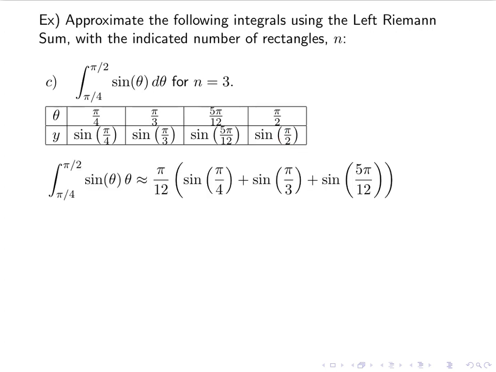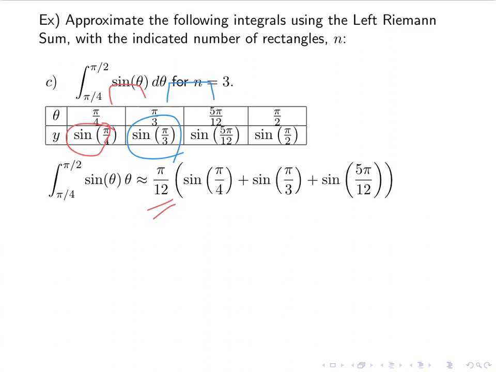And then we want, again, the left Riemann sum. So here is our width, that pi over 12 I talked about. In my first rectangle, the one on the left is sine of pi over 4. For the second one, the one on the left is sine of pi over 3.